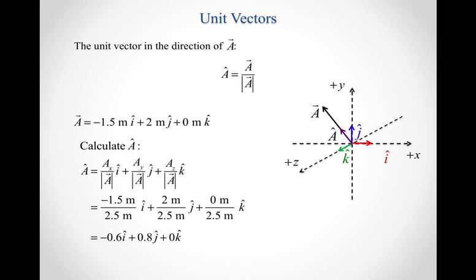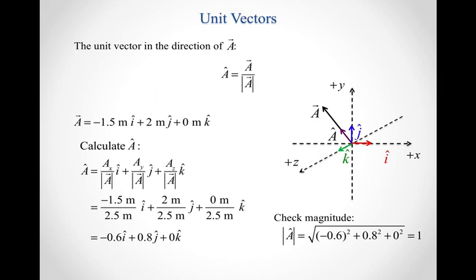Now, one of the things we've said all along is that what defines a unit vector is that it has a magnitude of 1. So certainly I ought to be able to check and make sure that if my vector A hat is a unit vector, it has a magnitude of 1 unit. And so when I Pythagorize the vector A hat, x component squared plus y component squared plus z component squared, take the square root, sure enough I get 1.